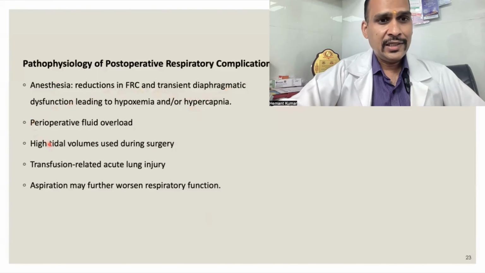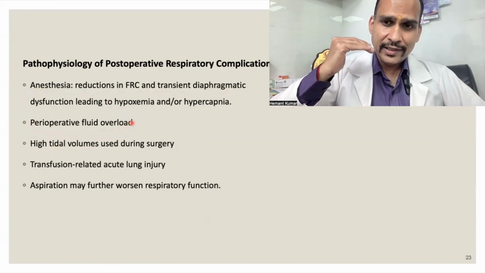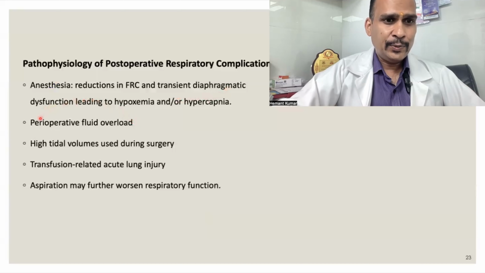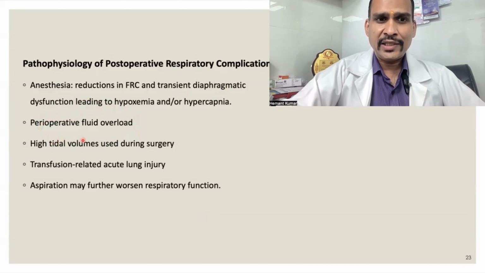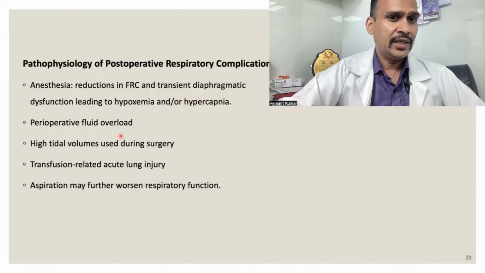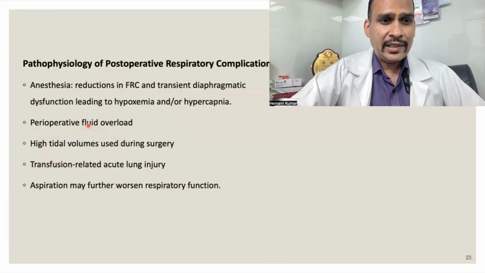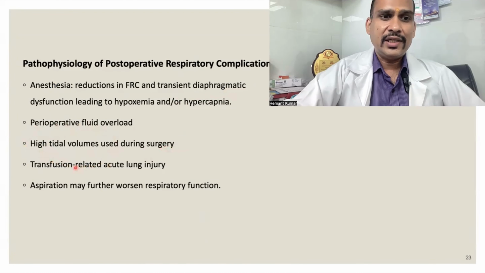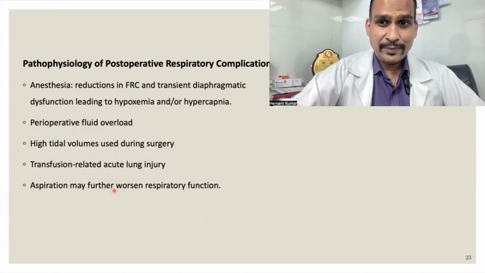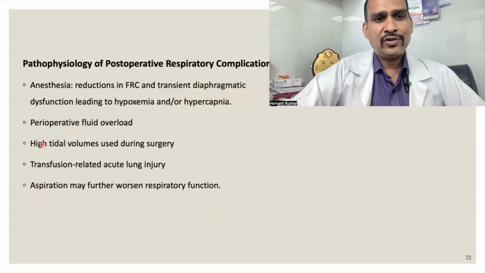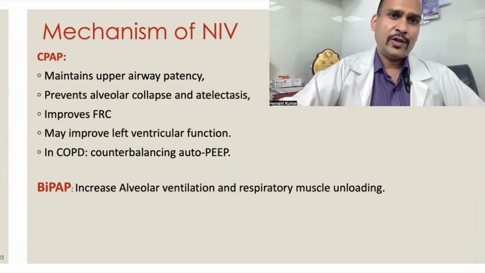Another thing, you must have seen that during surgery people are given more fluid. So some patients get perioperative fluid overload, especially those with cardiac dysfunction. Patients receiving high tidal volume during surgery, TRALI, or blood transfusion can cause volume overload, and the patient may have risk of aspiration. So these are the causes which can lead to postoperative respiratory complications.